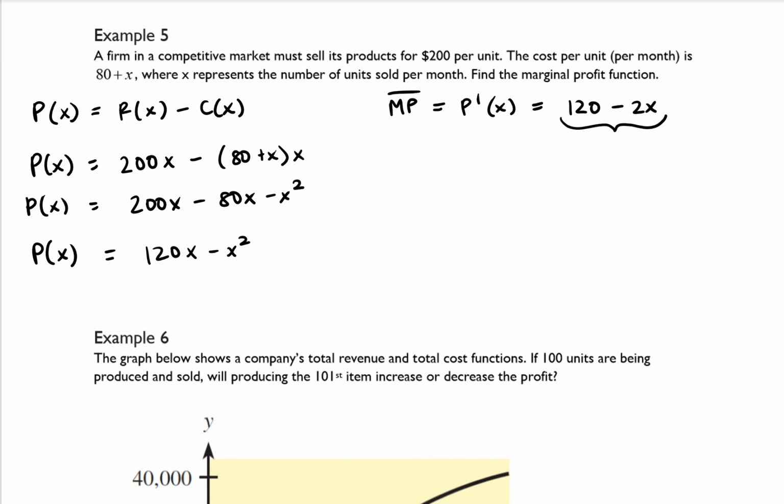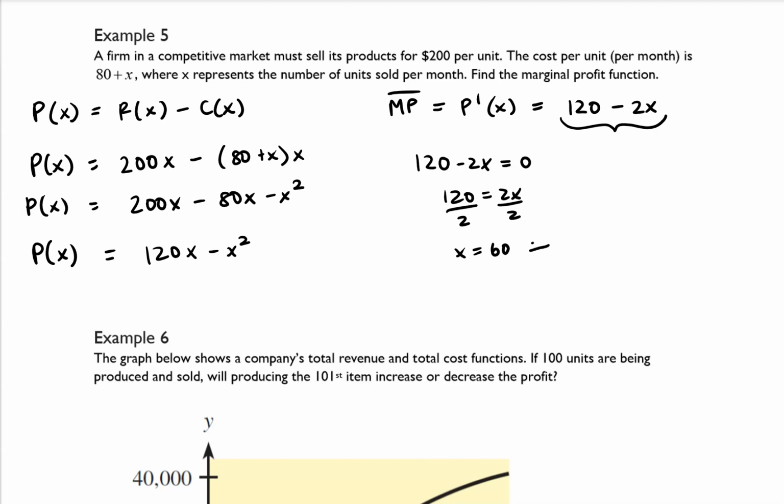So if you were to set that derivative equal to 0 and solve, we'd get 120 equals 2x, and then if I divided both sides by 2, we'd get x equals 60. After 60, the marginal profit function starts to be negative, which means that after you start producing and selling 60 units, the profits are going to start decreasing.